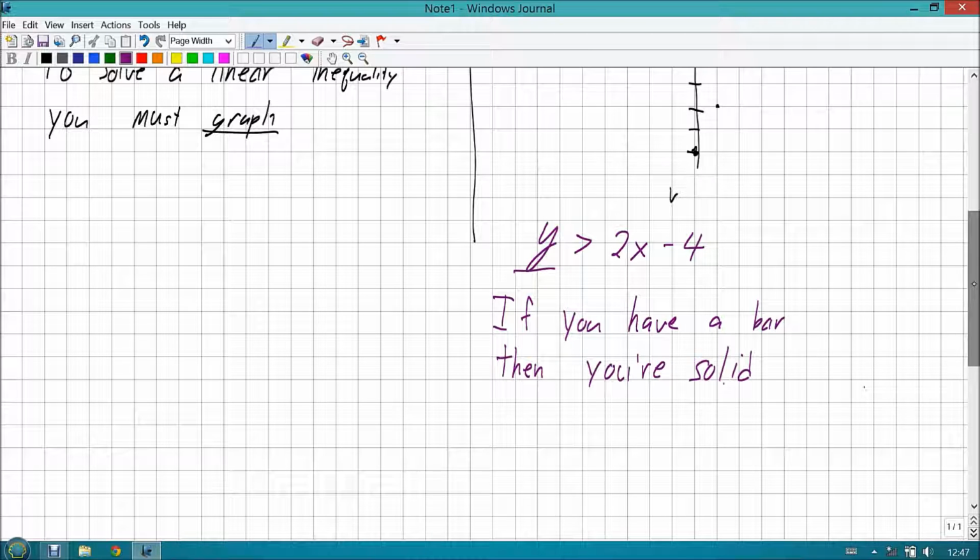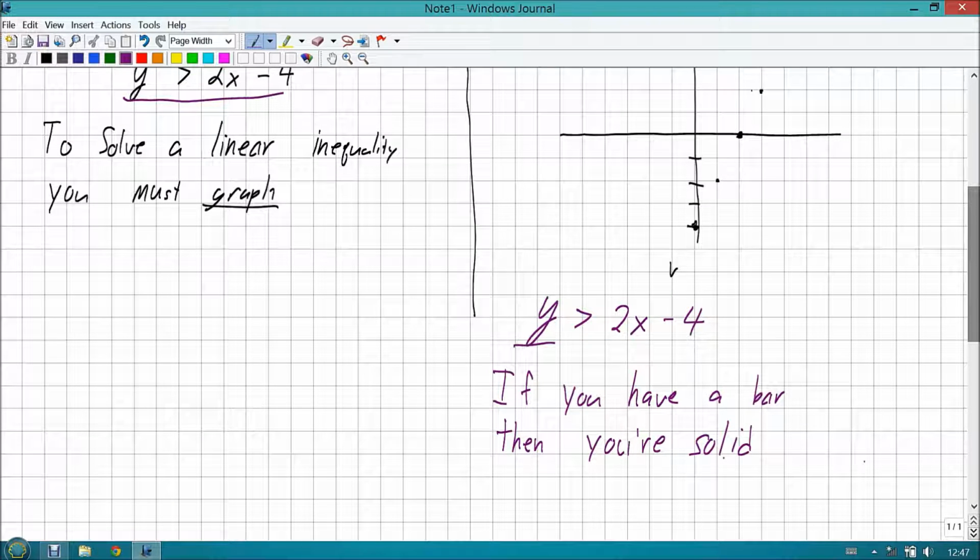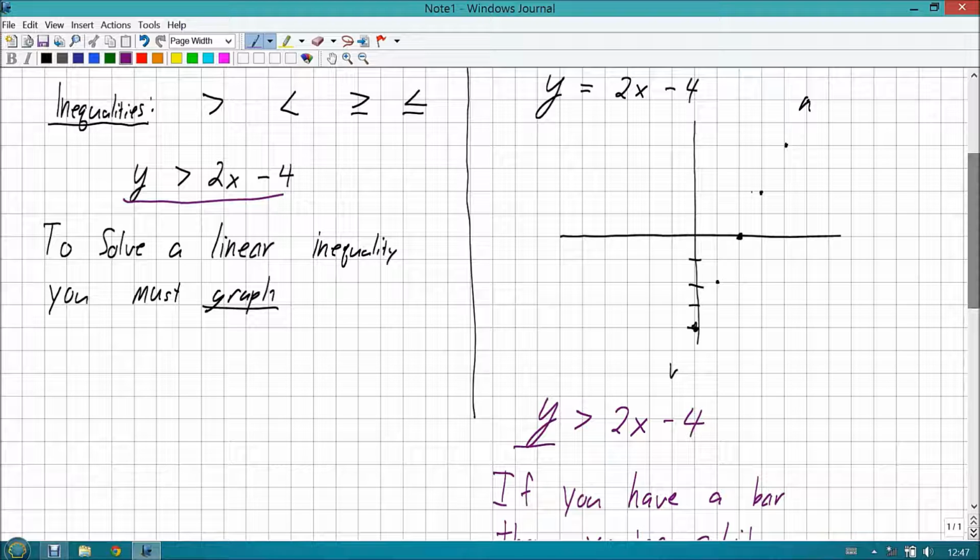So looking at this, do we have a bar? Is there a bar underneath our greater than symbol? And the answer to that question is, Mr. O'Neill, no. No, we don't. So if we don't have a bar, we're not solid, which means that instead of having a solid line going through all of those points, I have a dotted line going through all of those points.